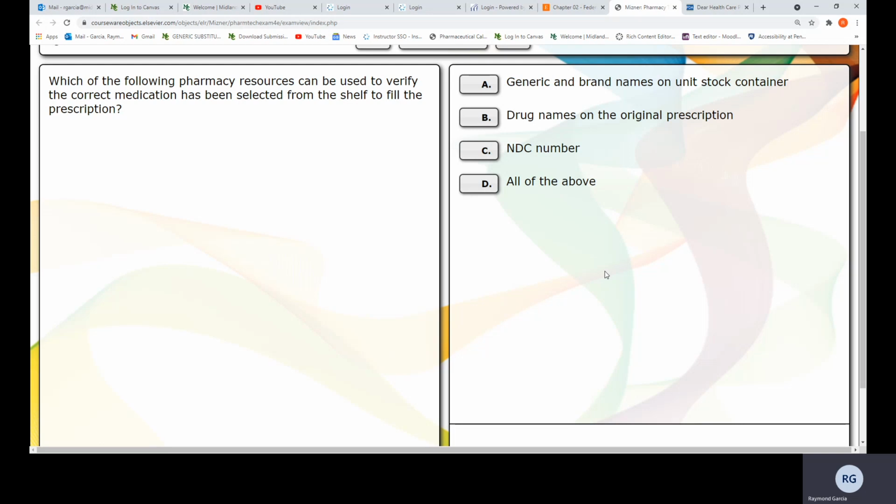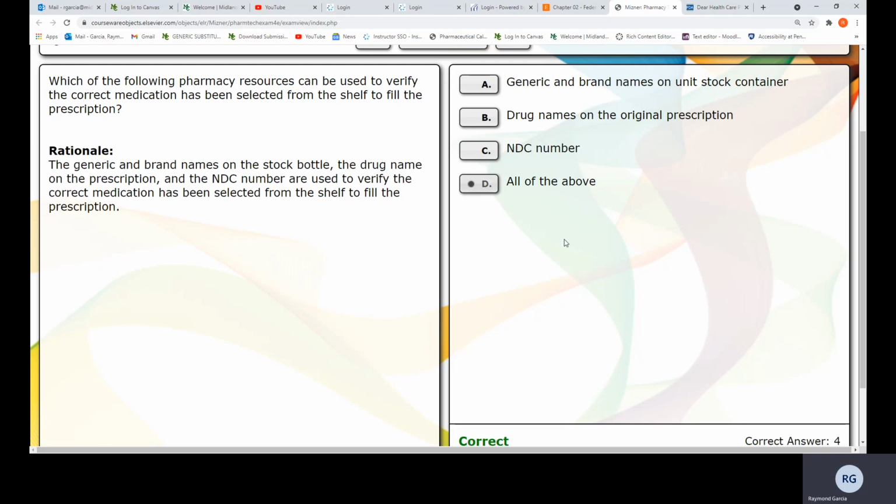What's that? B or D? B. You said B. Good job. The generic and brand names on the stock bottle, the drug name on the prescription, and the NDC number are used to verify the correct medication has been selected from the shelf to fill the prescription. All of the above.